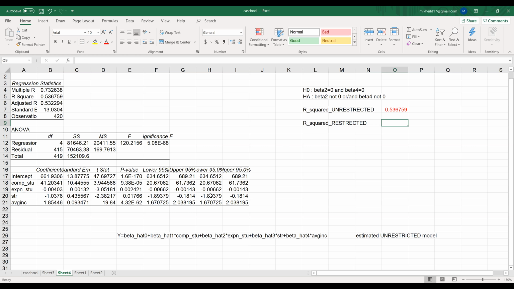Okay, what will be our restricted model? A restricted model will be what, guys? There will be y equals beta 0 plus, can you help me?